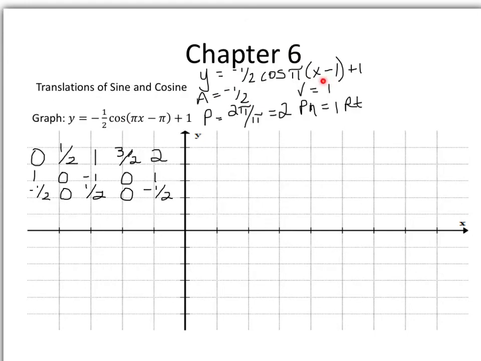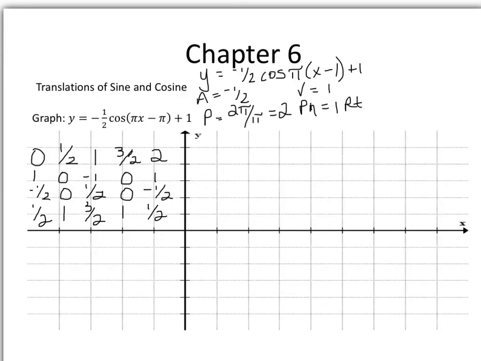Then I add or subtract the vertical shift. That's a plus 1. So every number gets added 1. 1 minus a half is positive a half. 0 plus 1 is 1. 1 half plus 1 is 3 halves. 0 plus 1 is 1. And then again, 1 minus a half is positive a half.